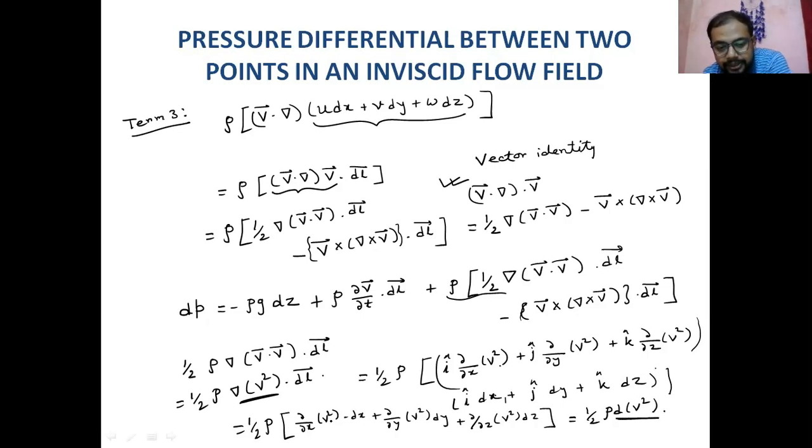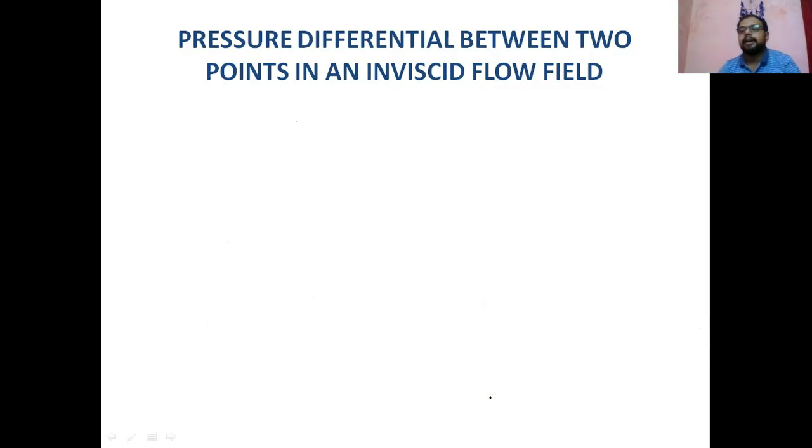So del x v square dx plus del y v square dy plus del z v square dz, that is nothing but dv square. That can be reduced. So ultimately, what is the equation coming? Again, we rewrite this equation. So dp is coming, first term, minus rho g dz.